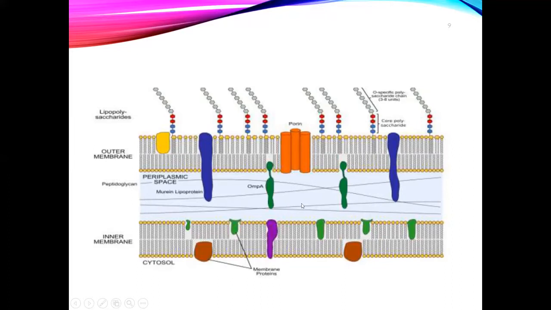Here you can see the lipid content is very high in gram-negative bacteria, while in gram-positive bacteria the lipid content is very low. Due to this difference in lipid content, it is easy to differentiate them using the gram staining technique.